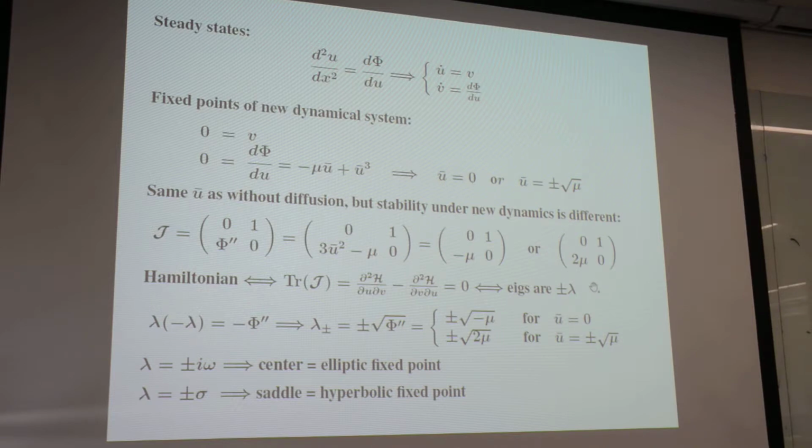So there's two possibilities. First let's do that. They're lambda and minus lambda. Their product is the determinant, and the determinant is going to be either mu or minus 2 mu. So we see that there. So the product, minus lambda squared, is going to be either minus mu or 2 mu. That's what we said before, right?